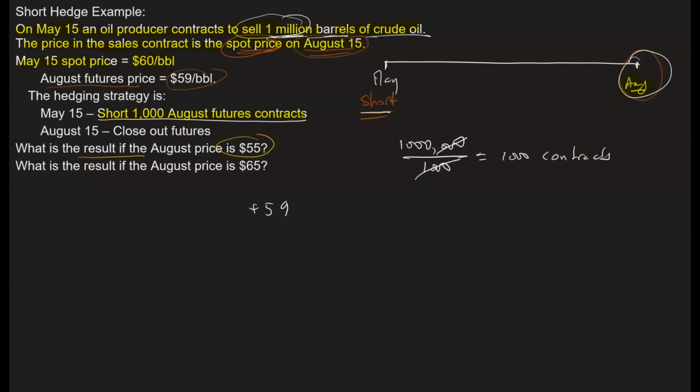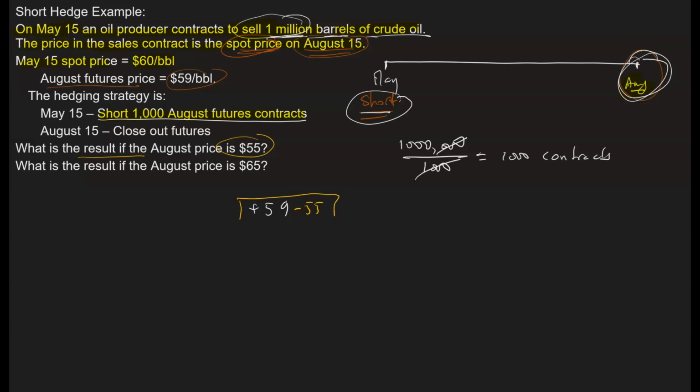We are receiving 59, but because we close out the position in August, we're going to close out the position by taking a long. We took a short to open the position, and we need to close it. To close it, we take a long, and we take a long in August. That long position is going to be at the August price, which is going to be 55. And because it's a long, we need to buy, so we need to subtract 55 from here, minus 55.